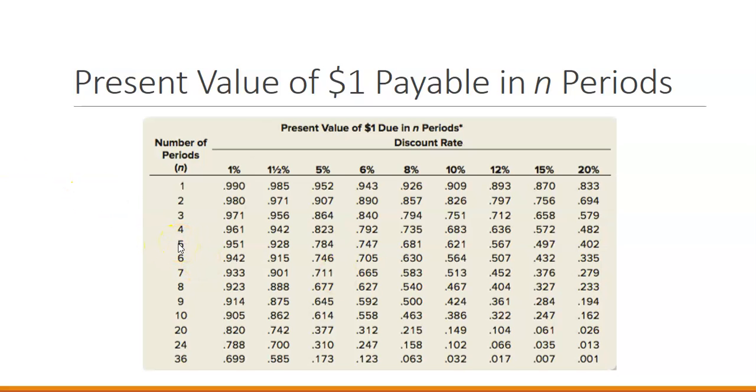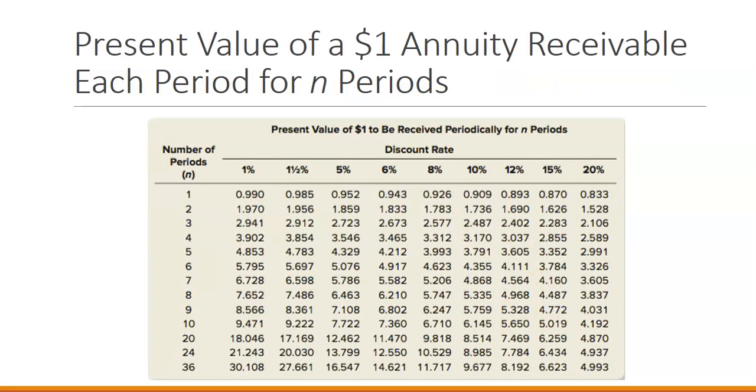And then if we had a 10% required return on investment, we would go over to 10% and we would take our yearly cash flows times this rate of 6.21. This is for our annuity, our annual cash flows.